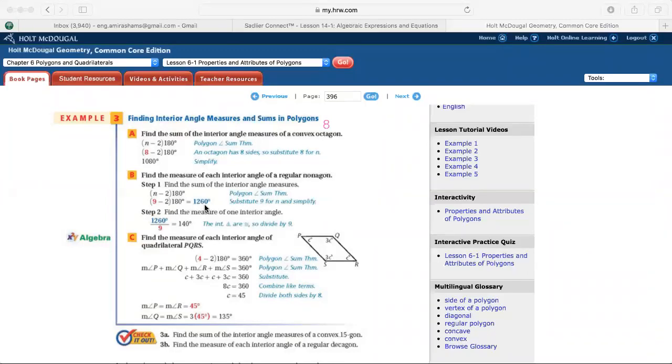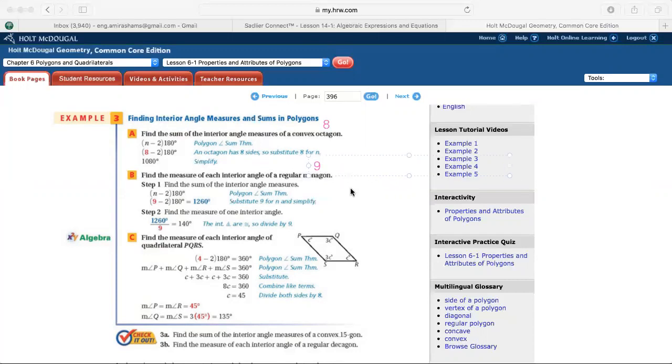I want to get each one. They mentioned regular. Regular means that all the angles of the nonagon are equal. So when I divide 1260 by the number of angles I have, I will get each angle. The nonagon has 9 angles and 9 sides.